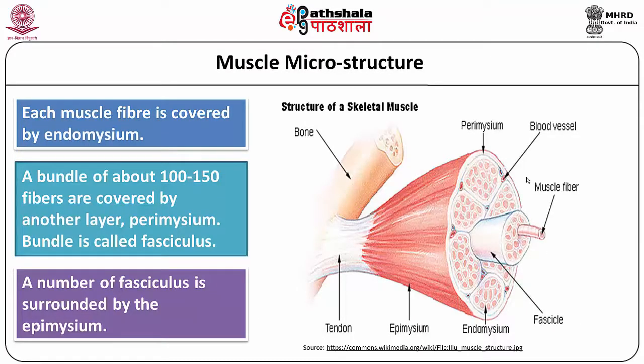Let us come to the microstructure of the muscles. You can see in this picture a muscle originating from a bone through a tendon, and we have cut it in between. You can see there are surrounding structures which can be called fasces, or sometimes fascicle.